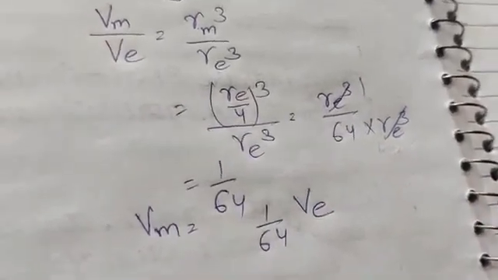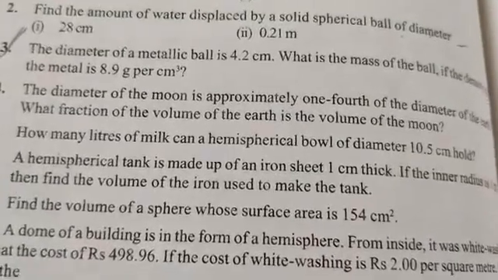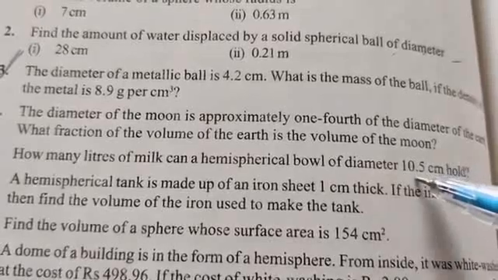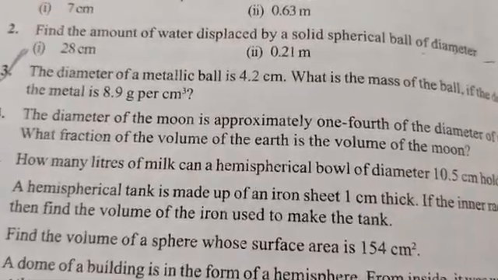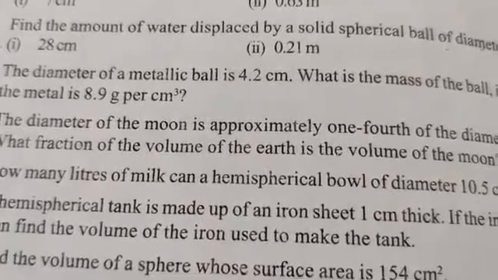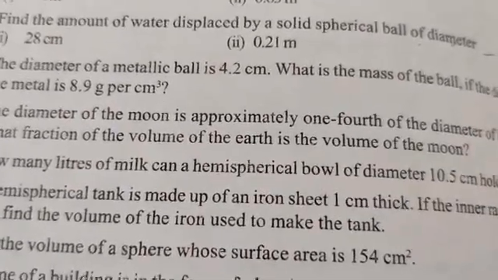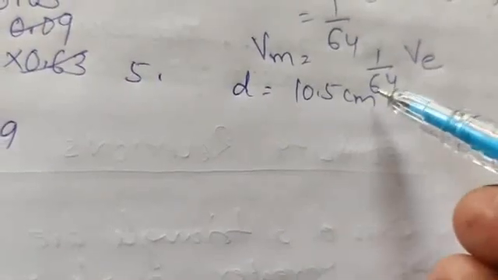Okay. Next question number 5. How many liters of milk can a hemispherical bowl of diameter 10.5 centimeter hold? How many liters of milk in a hemispherical bowl means volume of hemisphere. The diameter is 10.5 centimeter.